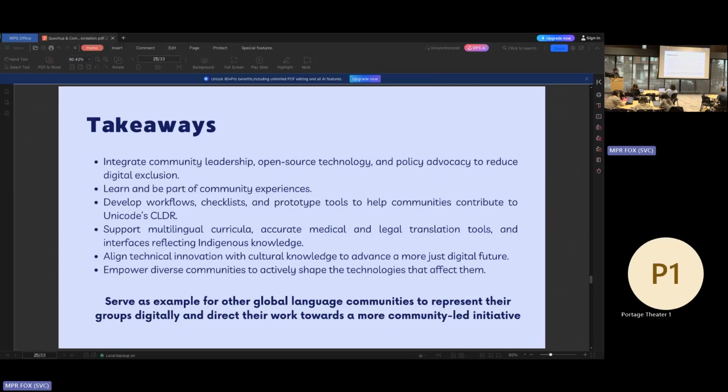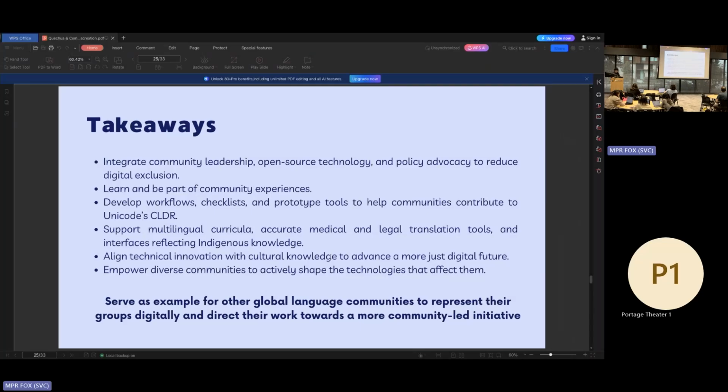We developed a multilingual curriculum, and we are also developing tools for legal translation and interfaces reflecting indigenous knowledge.